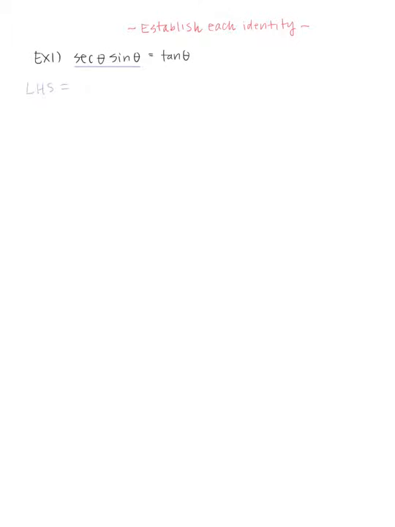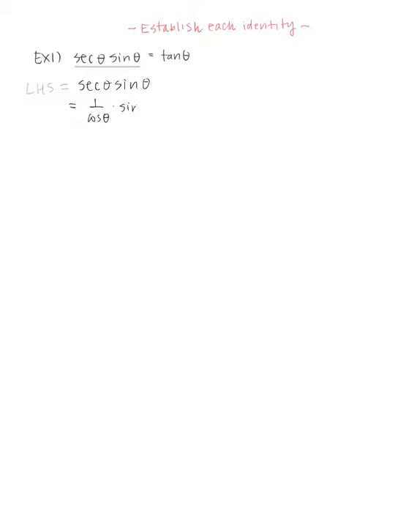Alright, so let's get started. Always write down the given problem. Okay, now keep in mind your goal is to simplify this so that you're going to get tangent of theta for the answer. So the trick is to convert everything in terms of sine and cosine. So what I'm going to do for this particular example is, secant is 1 over cosine.